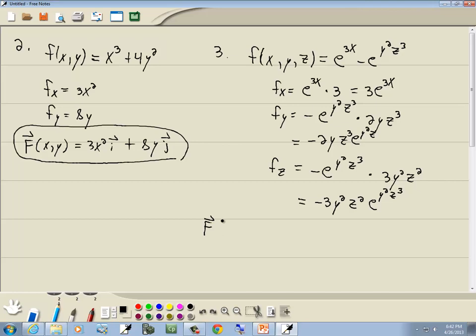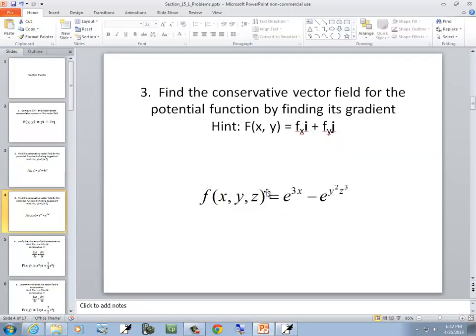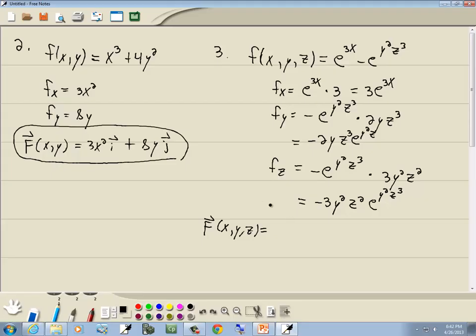So now I think they're asking for that. So our vector field, conservative vector field, we'll take partial with respect to x, which is 3 e to the 3x, i.